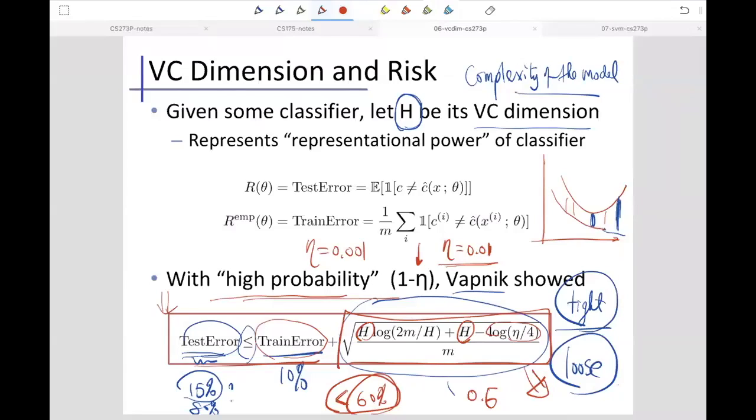It's a very high probability that the statement is true. However, there is a cost: the bound, the gap, is bigger. So there is a trade-off between the two. In order to say it with high probability, the upper bound increases and gets bigger, so it's not that useful.